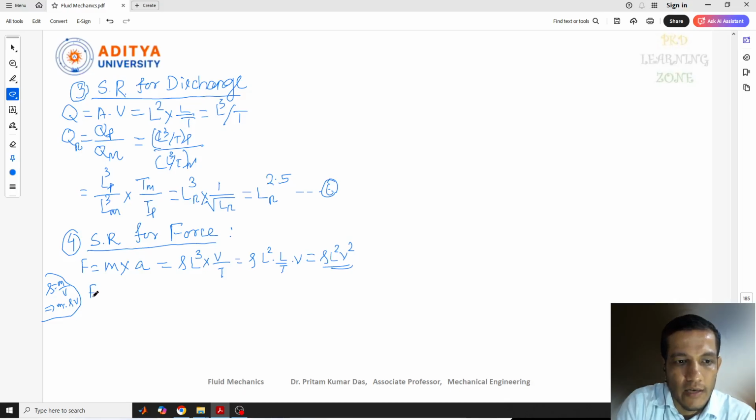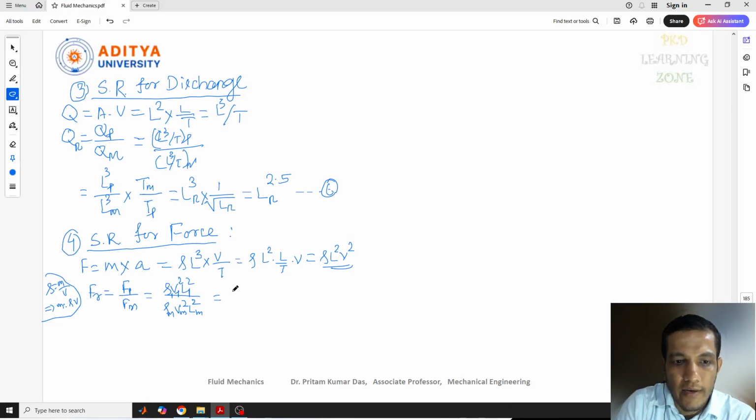Now again we'll go for the ratio. So the ratio is nothing but FR equal to FP divided by FM. So force for the prototype and force for the model. Again, similarly, we can just put the value of rho, L squared, V squared for P, divided by the same for the model, rho, VM squared and LM squared.